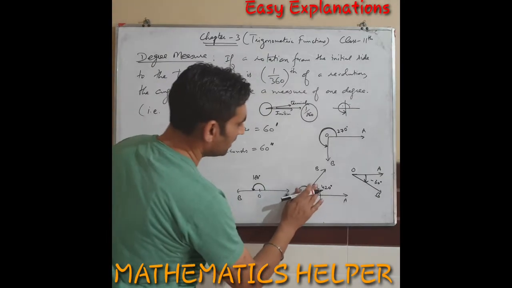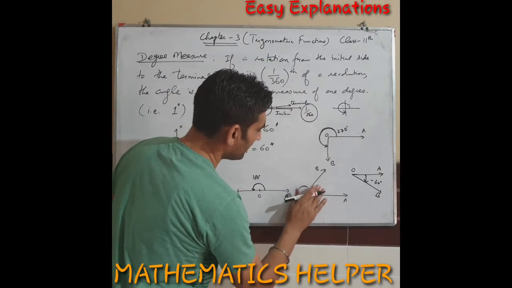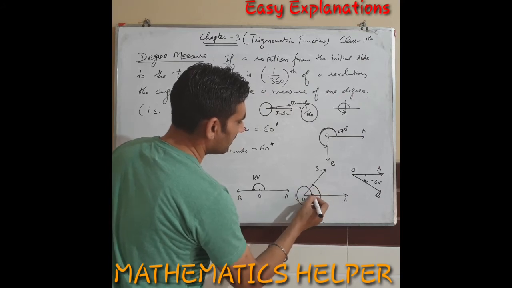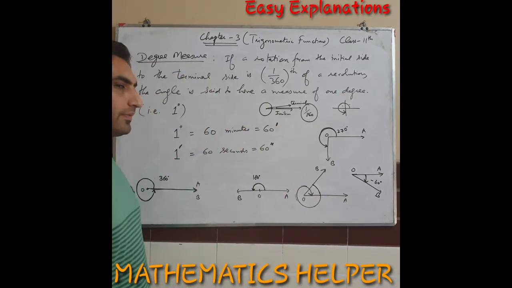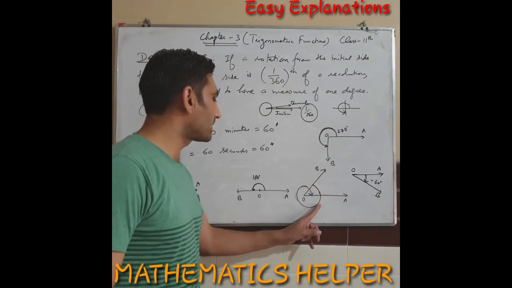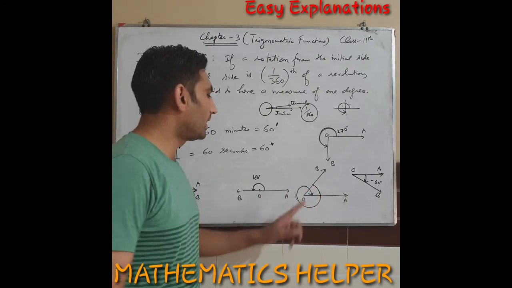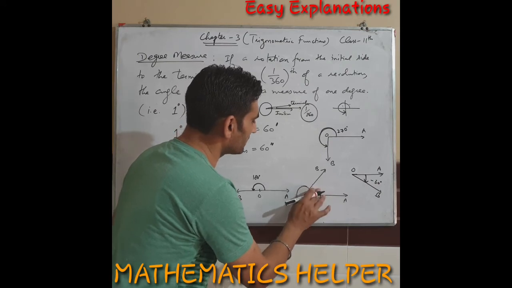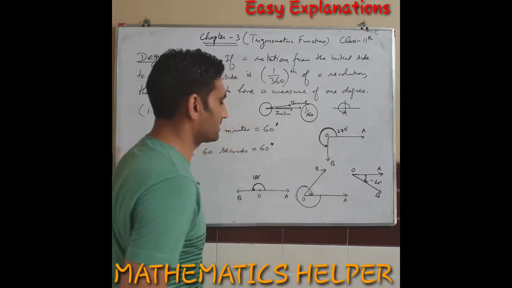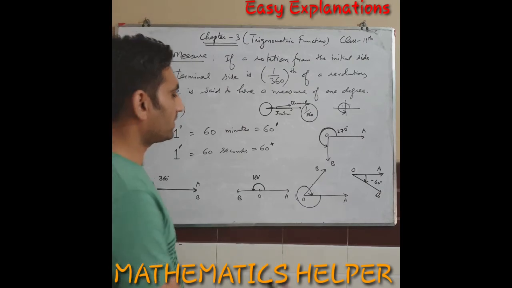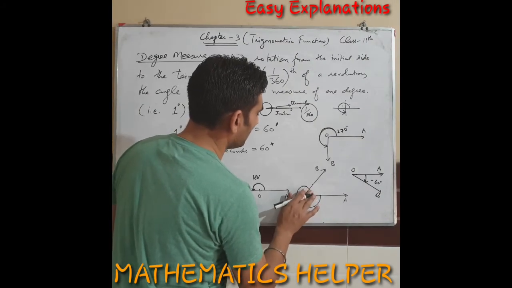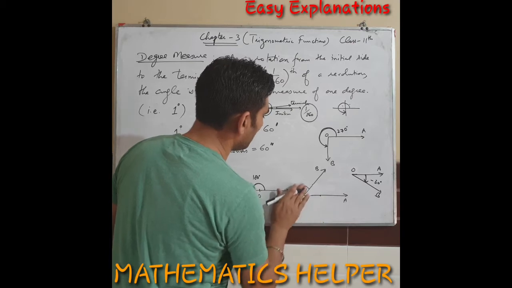Let's change it. Suppose you have an angle like this, and you are moving in this direction, clockwise. After completing one round, from here, if it is given like this, then what will be the measure? Let me write it again properly.